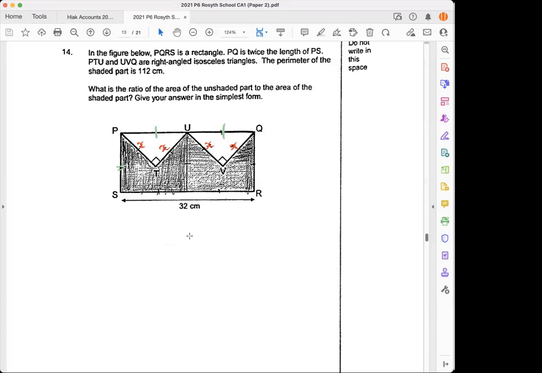The perimeter of the shaded part is 112. So perimeter is this plus this plus this plus this, and this is equal to 112.